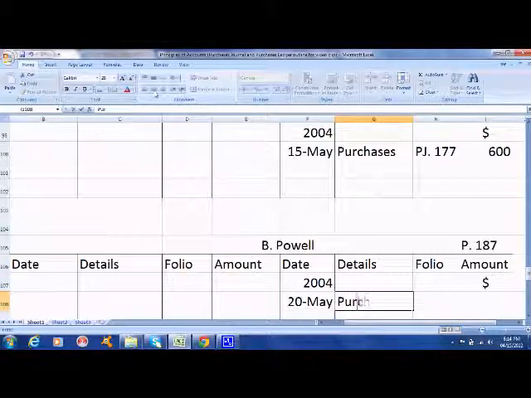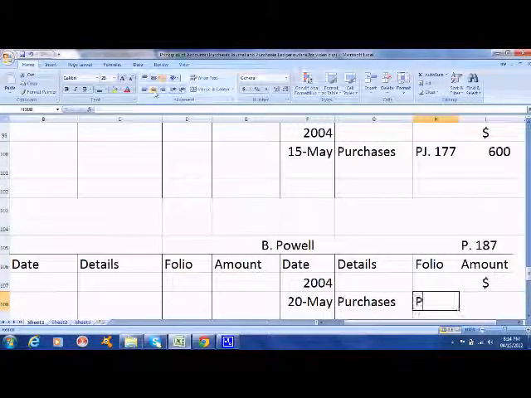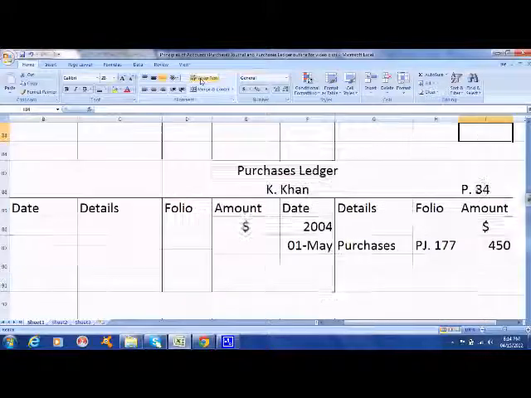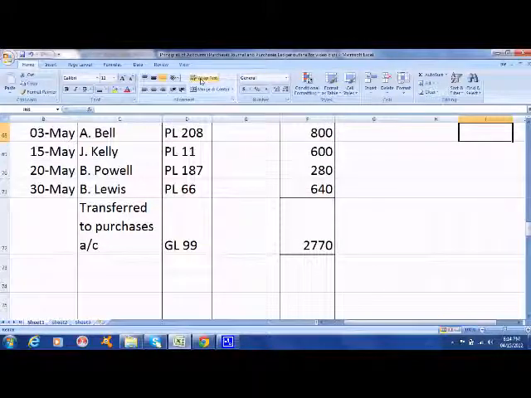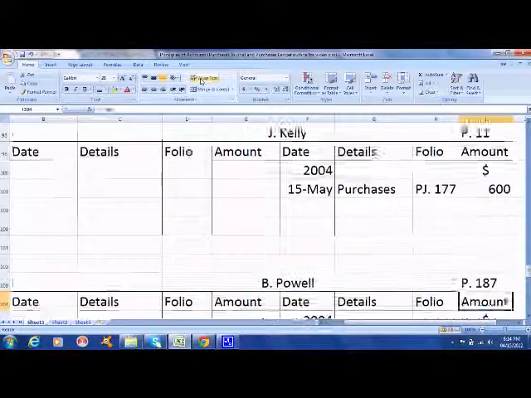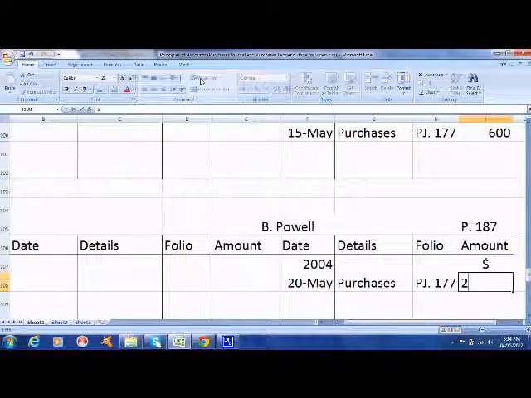I put purchases right here, PJ 177 again. And the amount is 280. So 280 would go right there.